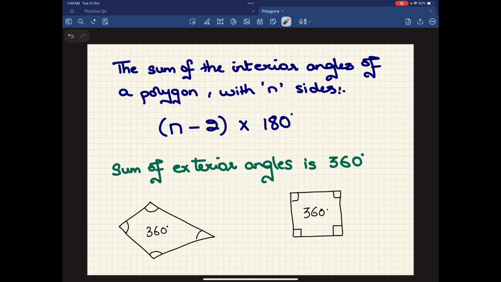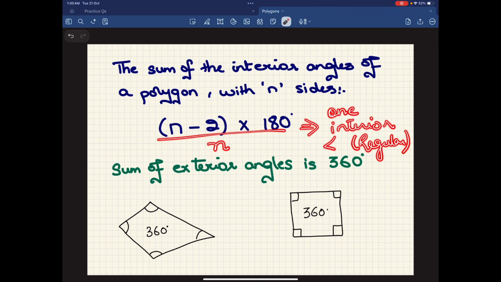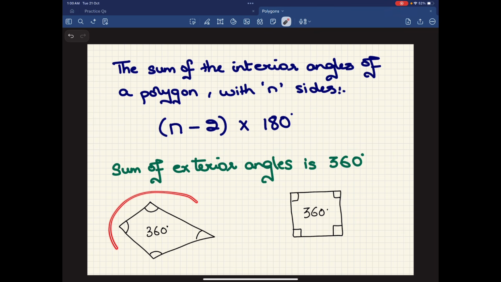Right, so what we do is that we divide the sum by the number of sides, and we get the size of one interior angle of a regular polygon. Okay, this does not apply in case of an irregular polygon, because here each individual interior angle will be of a different value.